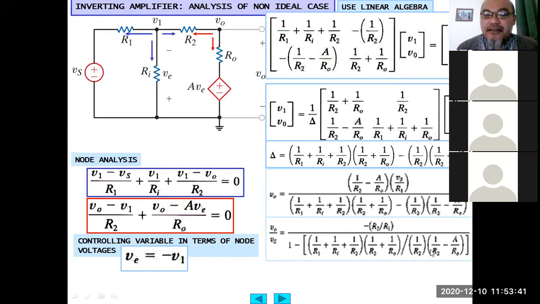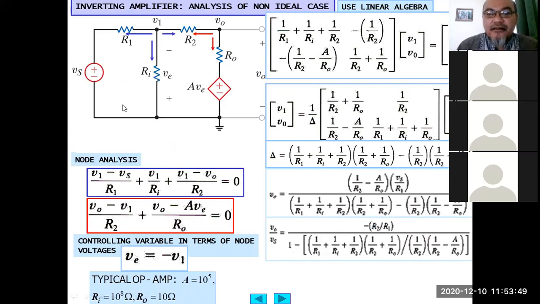Very complex, right? But A is typically very large, hundreds of thousands, Ri is very large also, and Ro is very small.